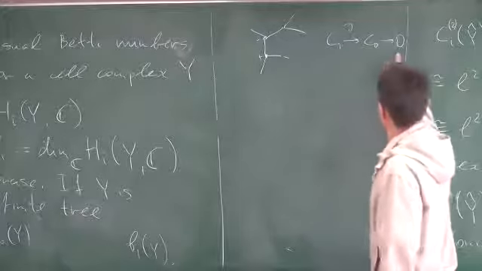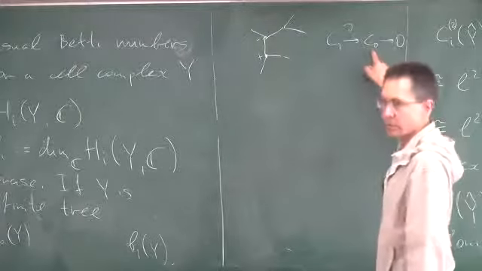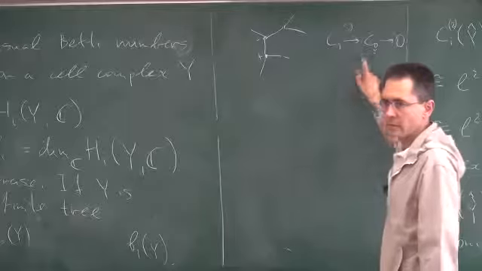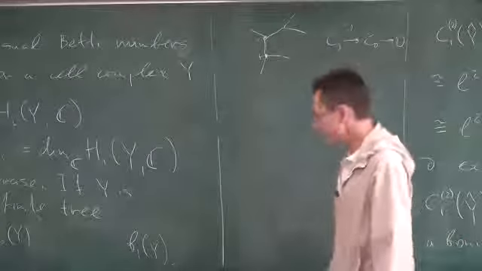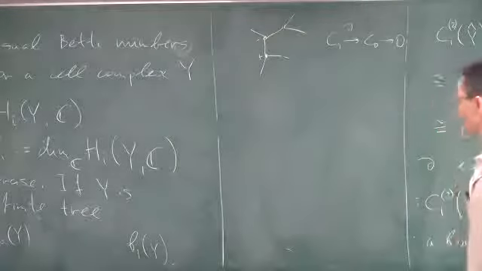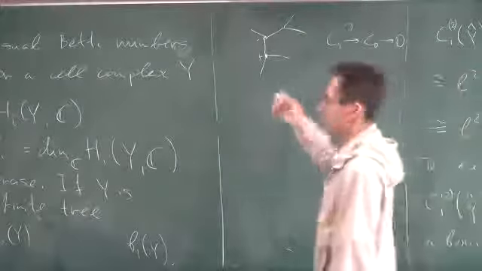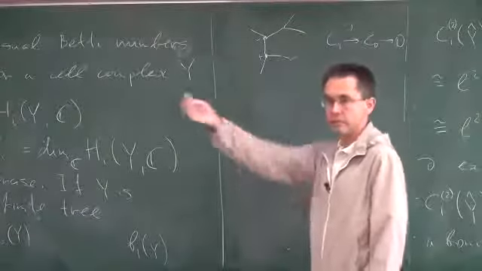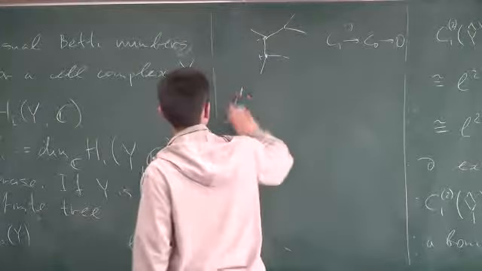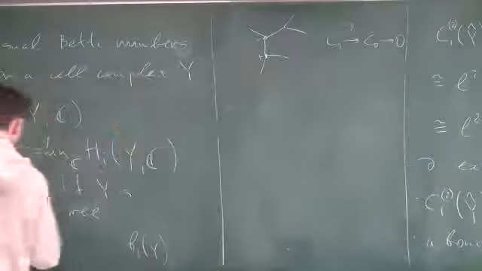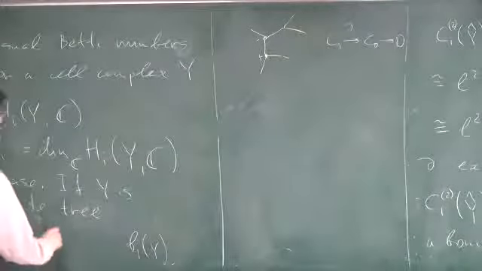When you take the kernel of this map, which is the whole thing, by the image of this map, it is like identifying all possible vertices into one. So the dimension becomes just one. Each vertex will give you the same vector space. So the zero-dimensional Betti number is 1.